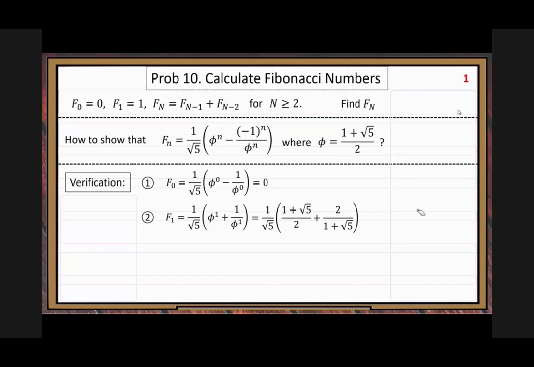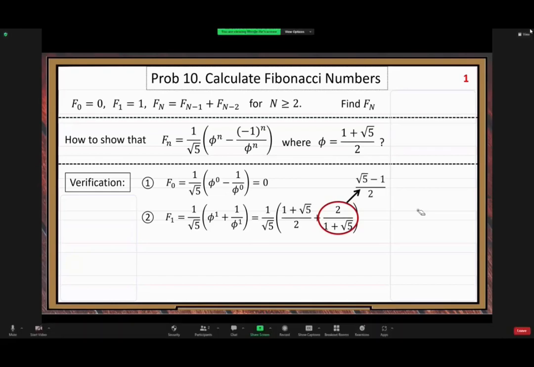In this situation, we do one typical operation. We multiply numerator and denominator by something called a conjugate. Conjugate number. So this one, we can multiply.